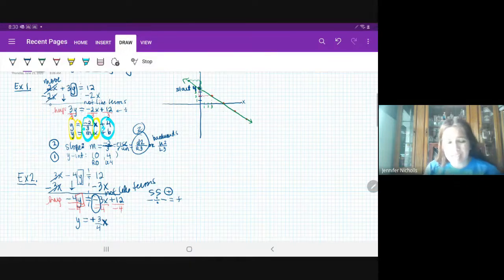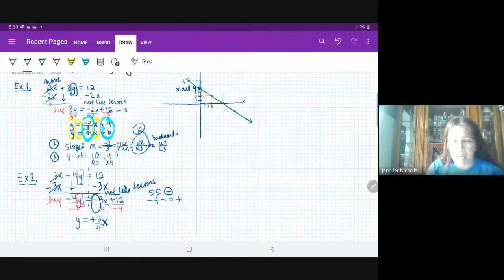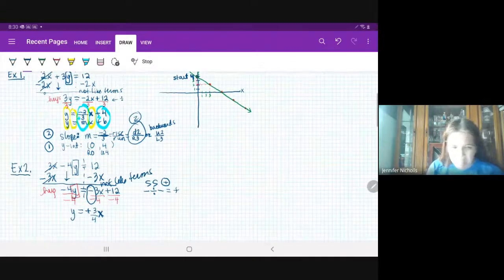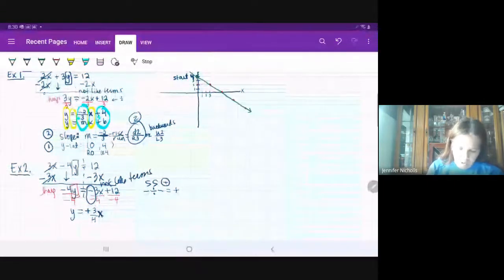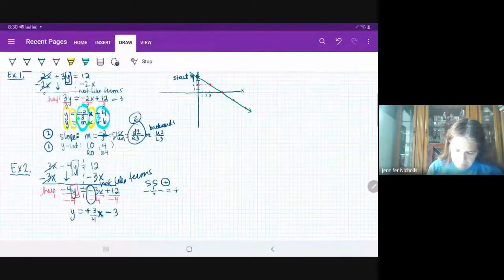You could technically leave it as negative 3 over negative 4, which would be down and left, but that's irregular. So I want to show you the way that most math teachers would want you to do it. But it's not exactly wrong, but it's not simplified the other way. But you'd get the right graph. Okay, and then 12 divided by negative 4 is negative 3.